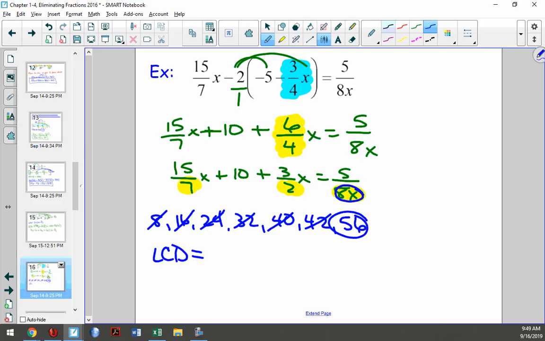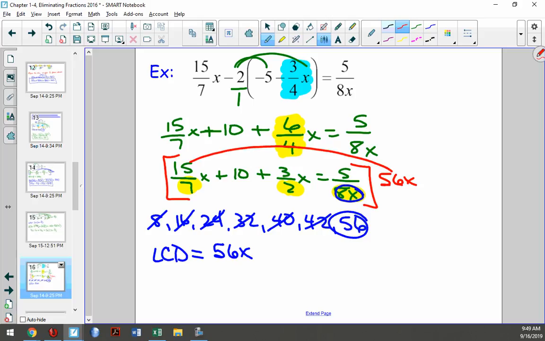But I can't forget that little x that is attached. So it's 56x. If I multiply every single term by 56x, every single term, 56 divided by 7 is going to be an 8. The x stays, and I drop down the 15x.